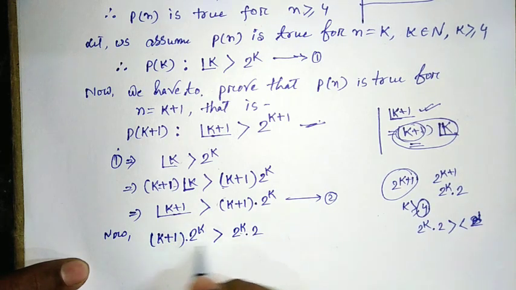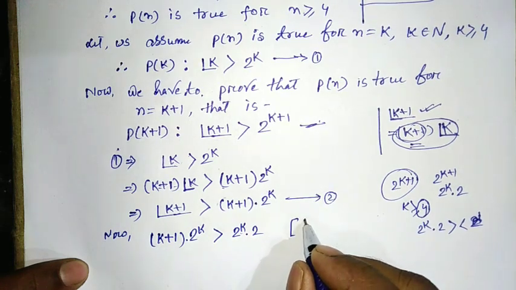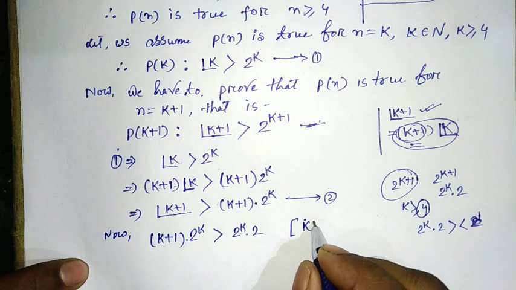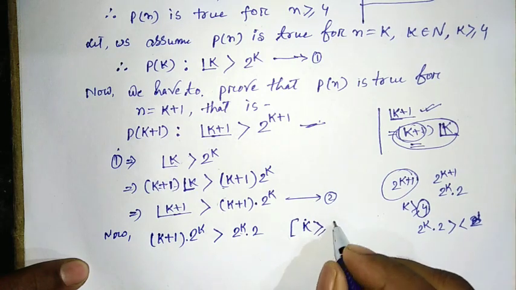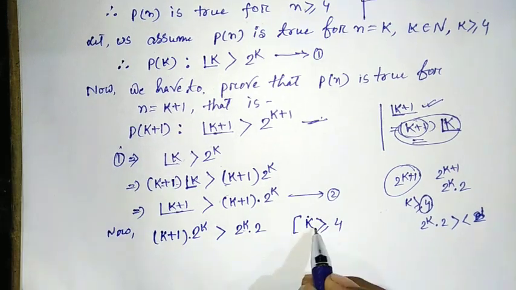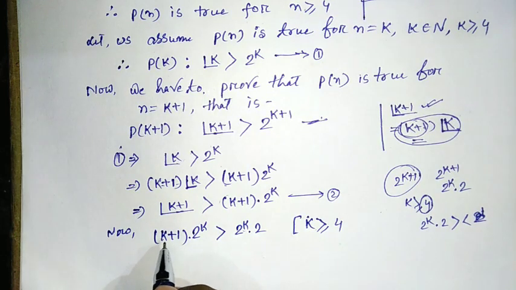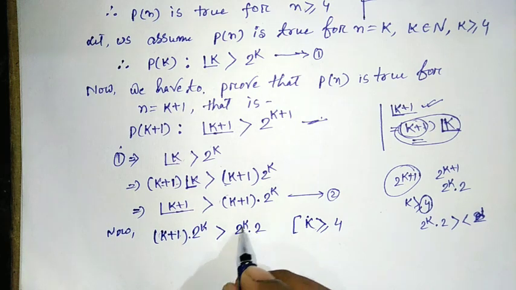Now see, here is the main thing. This thing is true because k is greater than or equal to 4. So the value of k will be 4, 5, 6, 7, etc. Suppose k is 5, then it is 6 into 2 to the power k and 2 into 2 to the power k.